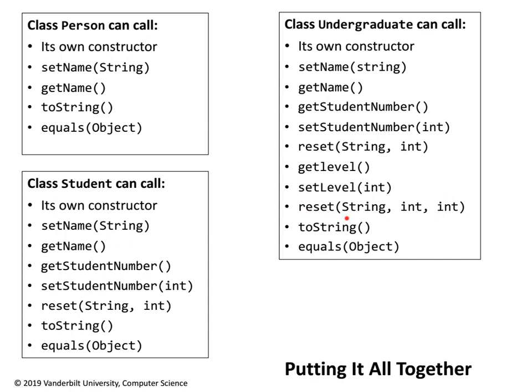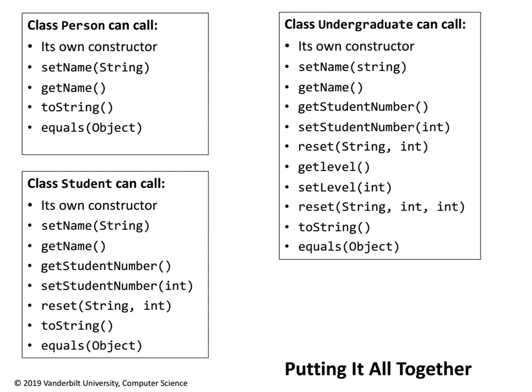We don't have to use the super keyword to call either of these reset methods because these are overloaded, right? It inherited the reset method from student, but we also defined an overloaded version of the reset method, which has a different number of parameters.